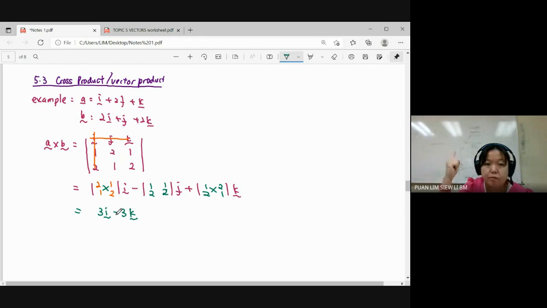Bermaksud bila saya guna vektor A cross dengan vektor B, saya akan menghasilkan satu lagi vektor. So vektor ini adalah 3I, 3K. Okay, direction dia adalah 3I, 3K. Positive going up. Kalau terbalik, negatif 3I, positif 3K.